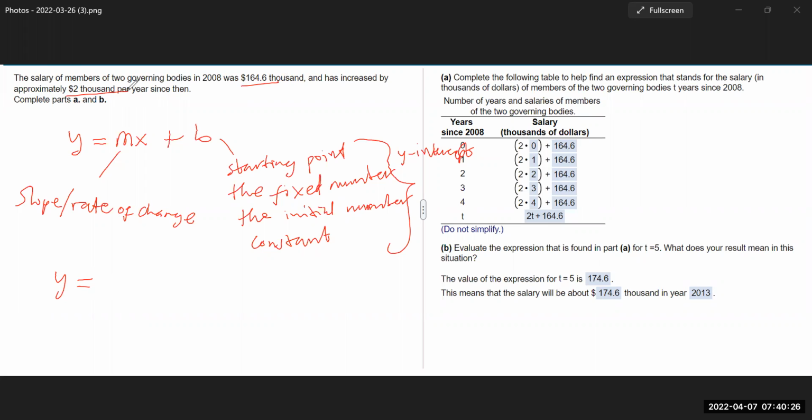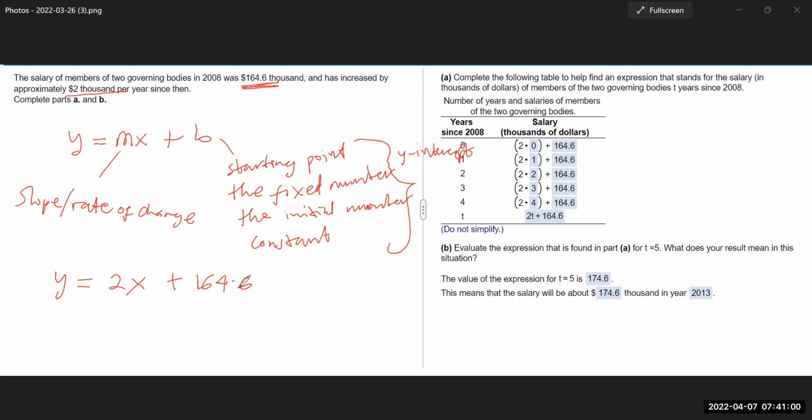You notice that 2,000, so 2 is the one that has been changing, the rate of change. So that becomes your m, your slope becomes 2. So let's bring x. Now plus, what is b? b is the starting point. The two governing bodies in 2008 started at, that was the initial, so that becomes 164.6 thousand, and that is your equation.